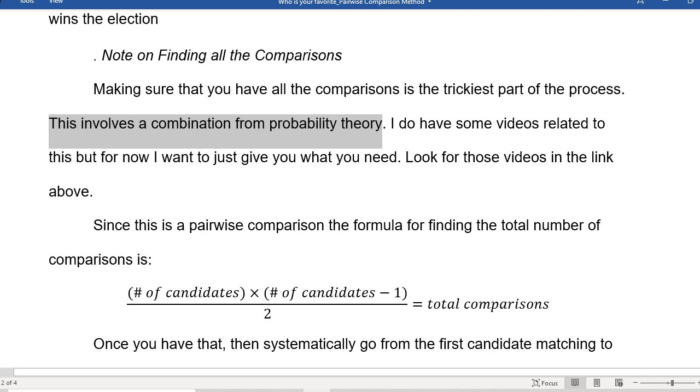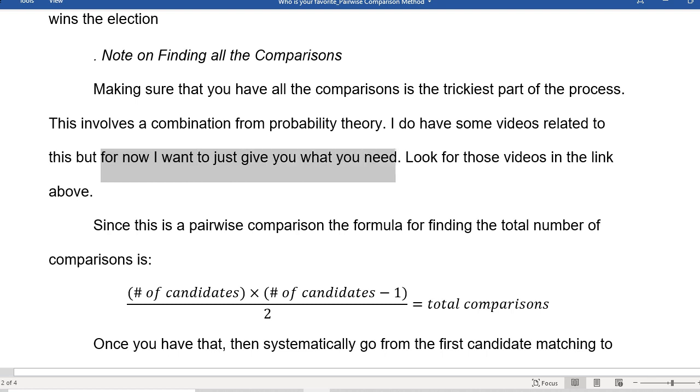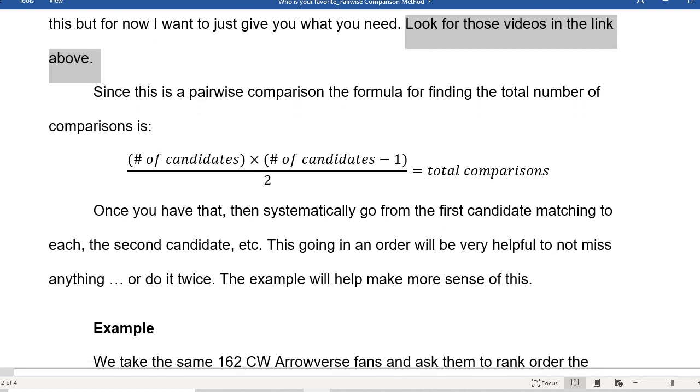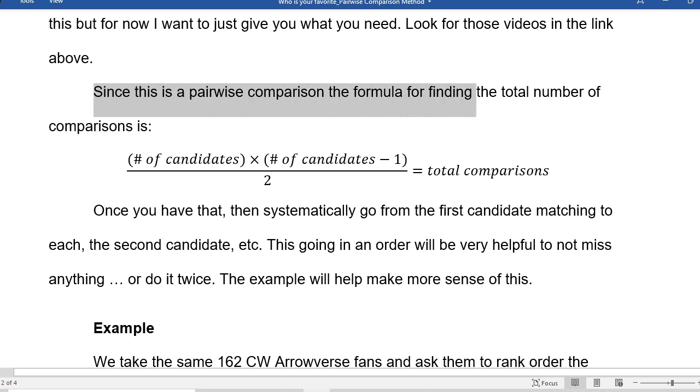It does involve a combinatoric from probability theory. I do actually have some videos related to this, but for now, I just want to give you what you need. Look in the link above for the correct video on permutations and combinations so that you can see exactly how this works if you are inclined. Alright? So since this is a pairwise comparison, the formula for finding the total number of comparisons simplifies really well.